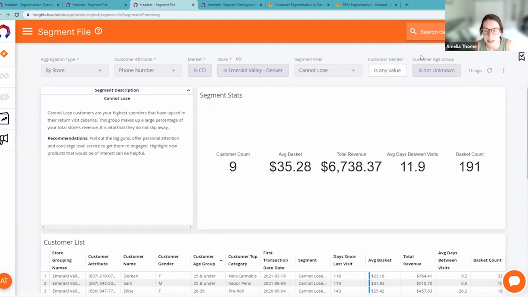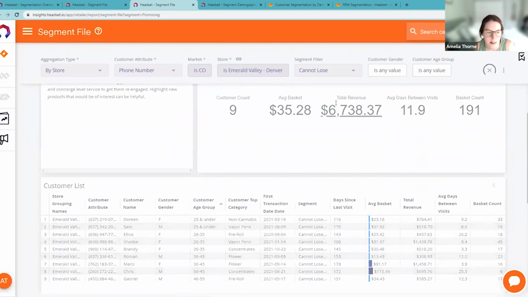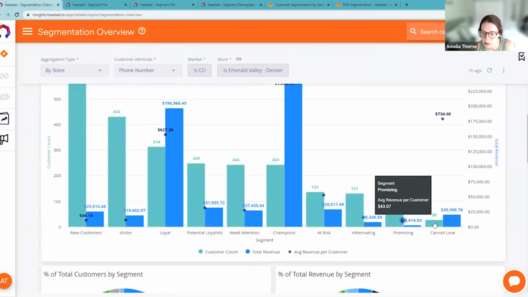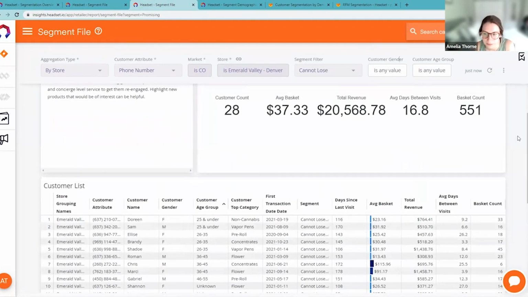But for today's purposes, I'm just looking at everything. I'm filtering out unknown here because I don't necessarily want to look at the unknown age group. Actually, let's go ahead and look at the unknown. If I did this, you'll notice that Cannot Lose customer count is 28, but when I filter out the unknowns, it would be only 9. So maybe we want a fuller picture of everybody.